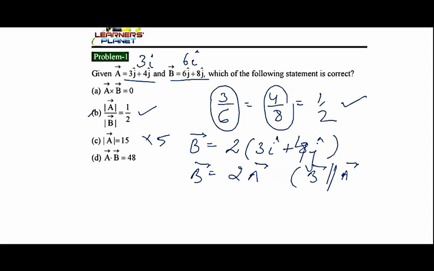A dot B is also not correct because A dot B will be 5 into 10, that is 50, not 48. And A cross B is equal to 0. Yes, this is also correct because both vectors A and B are parallel to each other, therefore their cross product will be 0. So option A and option B both are correct.